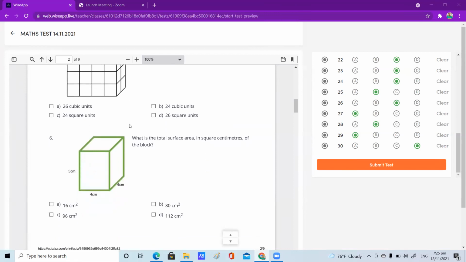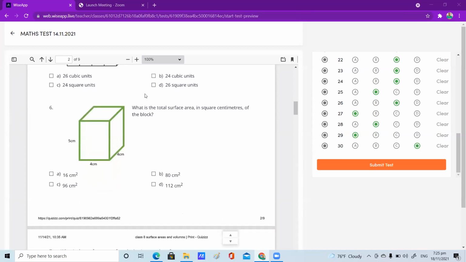Because it's volume, you have to write 24 cubic units. Option B is correct. Option C also has 24, but it's square units. Volume is always in cubic units, right?